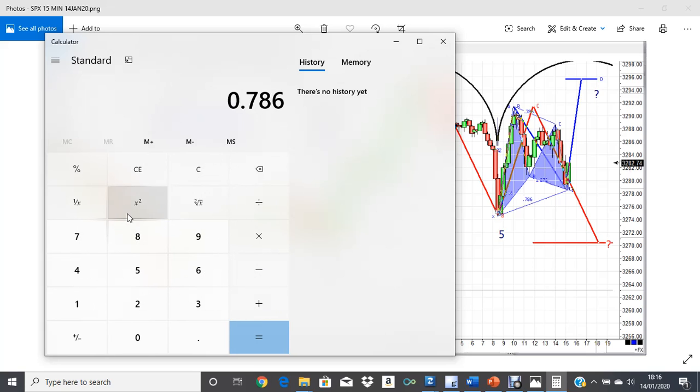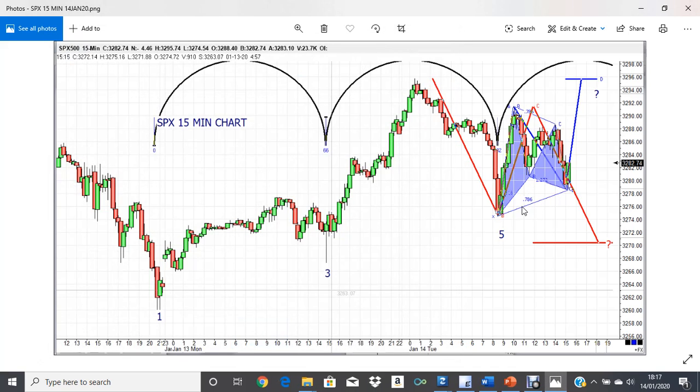Right, 0.786. What's the reciprocal? Bang, 1.272. 0.786, 1.272. What do we see here? 0.786 of that swing and 1.272 of that swing. That's telling you that this has got a chance of rallying.